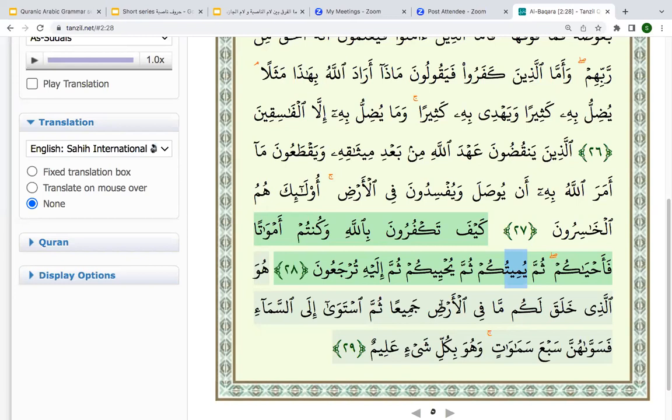What else is special about them? How do they show their status? Noon, right? What is the name for that noon? Noonul I'rab, or you can also call it Noonul Raf, because when it is there, the mudari is marfu in status. When it is taken off, the mudari is mansoob or majzoom in status. So that is going to be there.